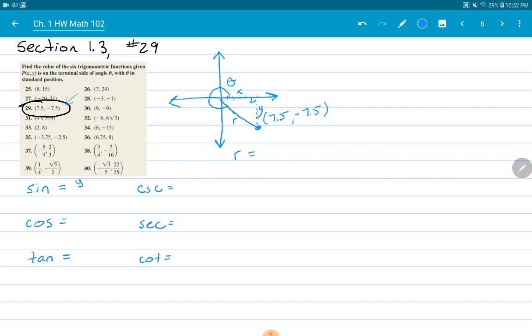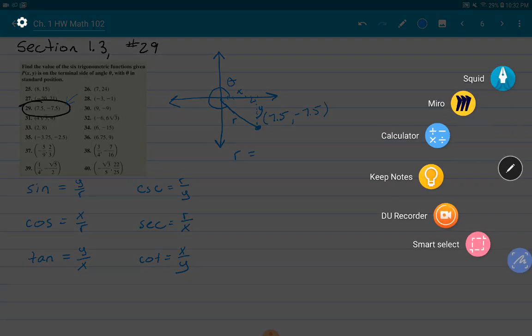Sine is going to be y over r, so cosecant is the reciprocal of that. Cosine is x over r, so secant is the reciprocal of that. And tangent is y over x, so cotangent is the reciprocal of that.